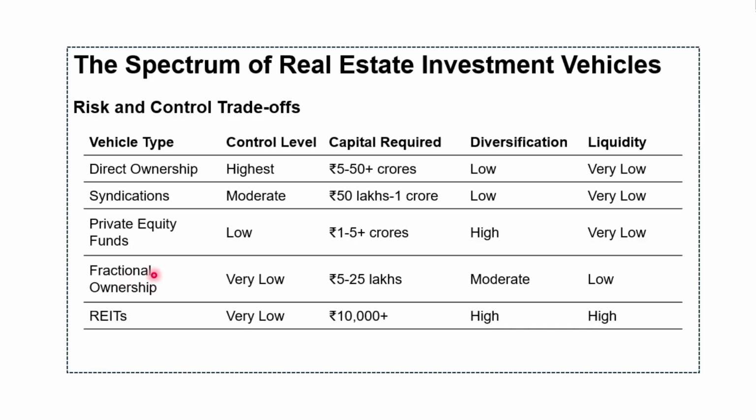Then we have fractional ownership, where the control level is again low, but the capital requirement comes down to 5 to 25 lakh, diversification is moderate, and liquidity is low. And then REITs, which we discussed earlier: the control level there is very low, but the capital requirement is also very, very small.